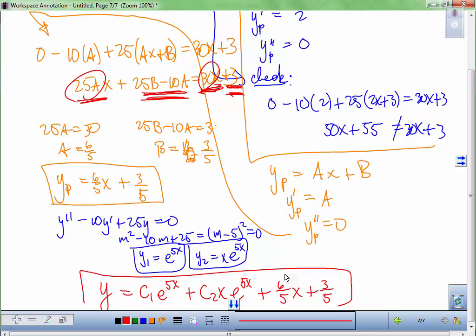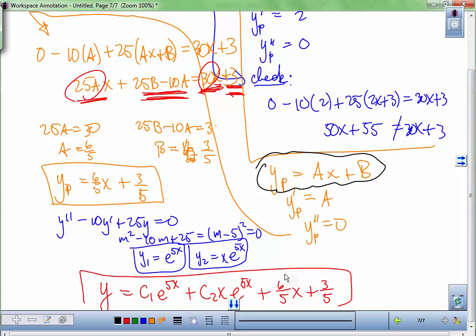So this goes beyond polynomials, right? We could be dealing with exponential functions and sines and cosines. And the idea is to try to figure out what form your particular solution is going to be.